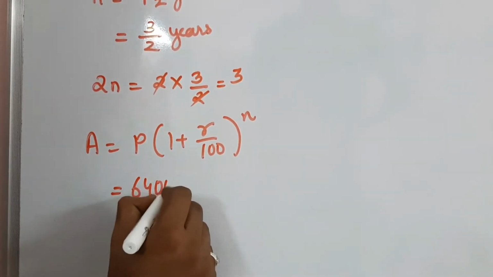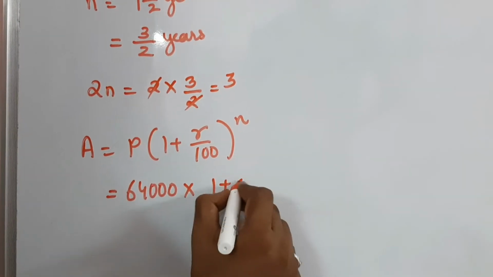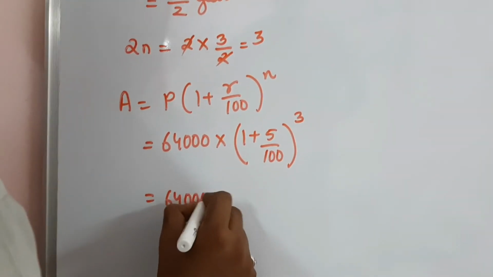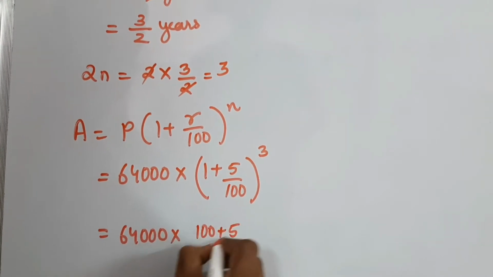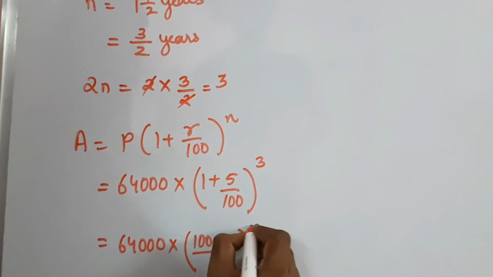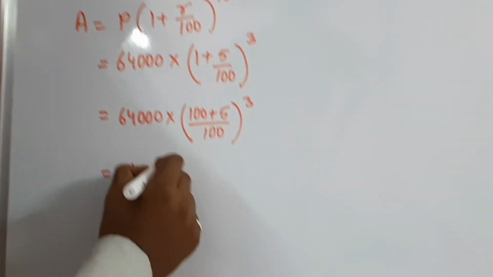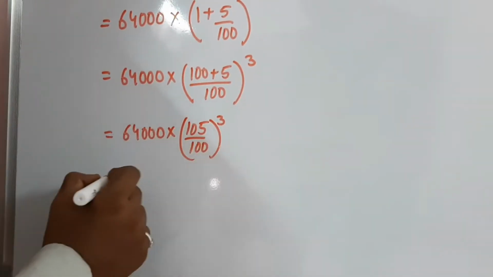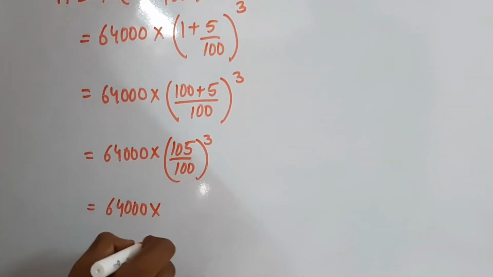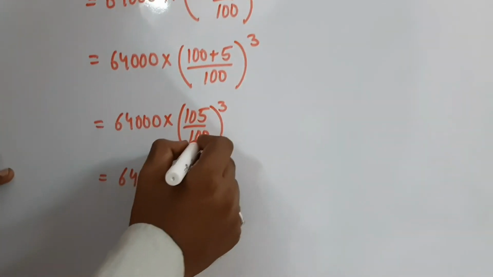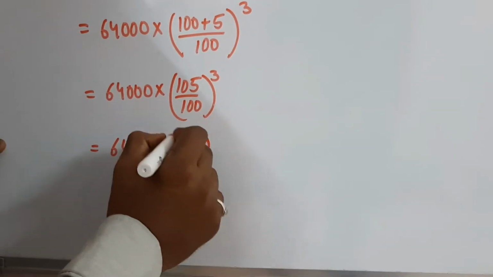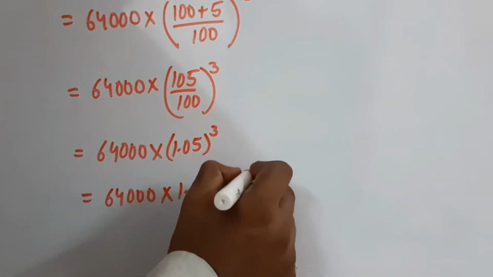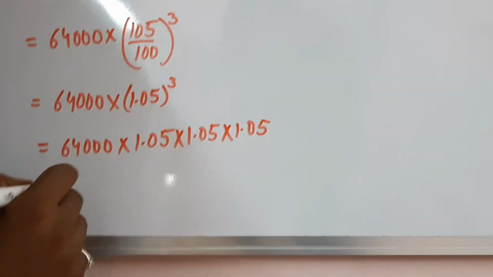How much is P? 64,000 of 1 plus rate percentage is 5 by 100 whole power n, which is 3 years. 64,000 into 100 plus 5 by 100 whole power 3. 64,000 into 105 by 100 whole power 3. 64,000 into 105 by 100, that is 1.05 whole cube. 64,000 into 1.05 into 1.05 into 1.05.